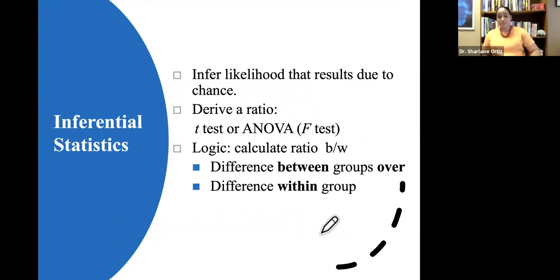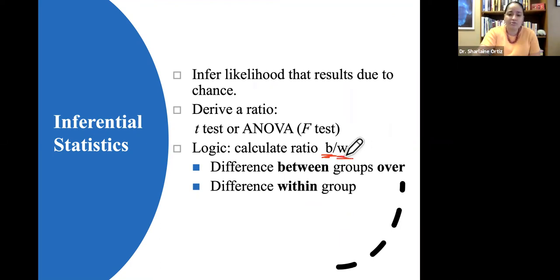Now, something really interesting: we have covered the fact that we can infer the likelihood of results due to chance because of inferential statistics. We can also understand the logic and calculate that ratio in the difference between groups or within groups. What do I mean by that?